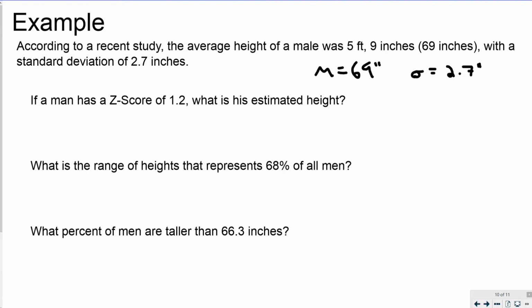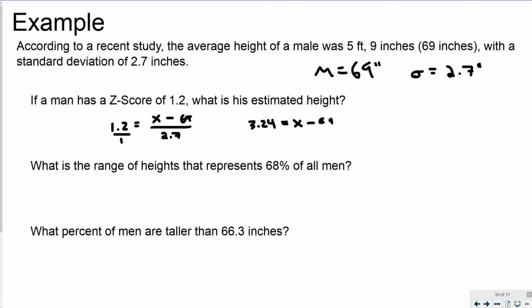So what we're going to do is use the formula. He has a z-score of 1.2, and we don't know his actual height, but we do know the mean is 69 over 2.7. So we can cross multiply. And when we do that, we would do 1.2 times 2.7 and get 3.24 equals x minus 69.